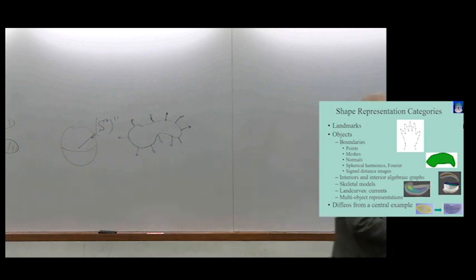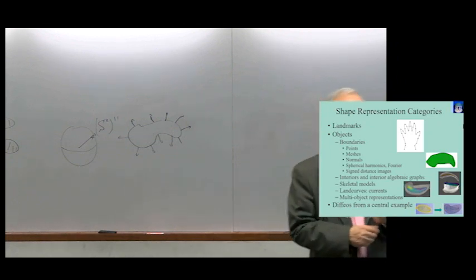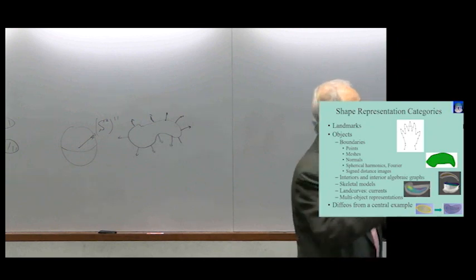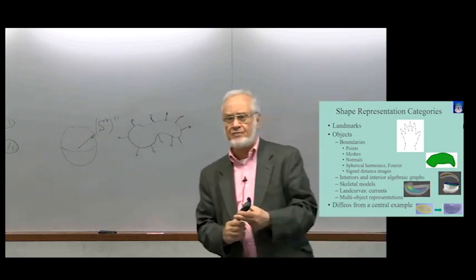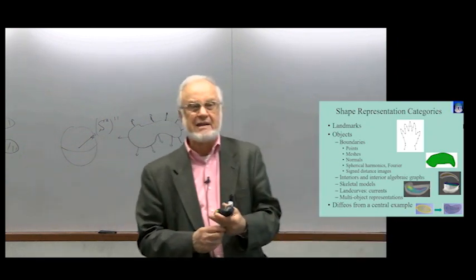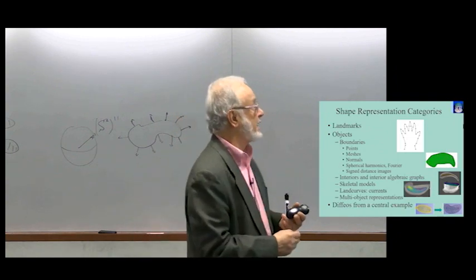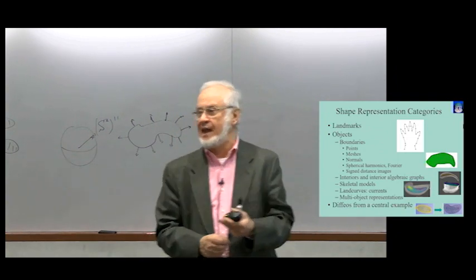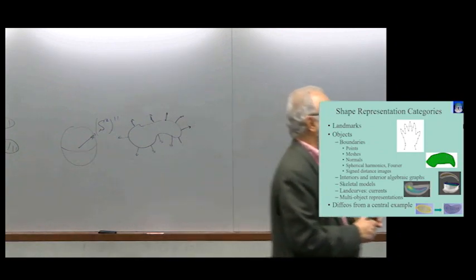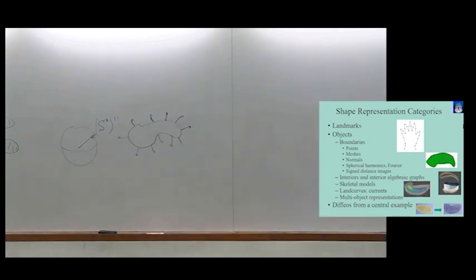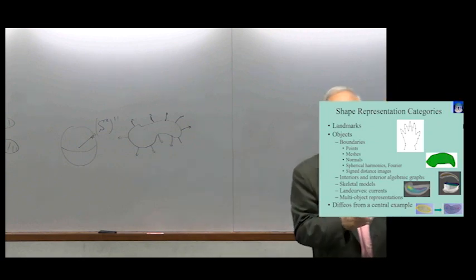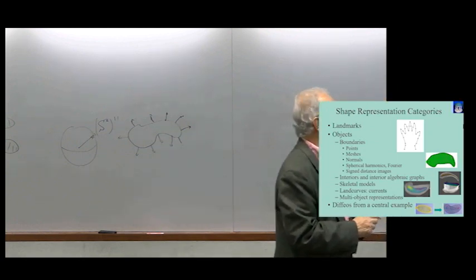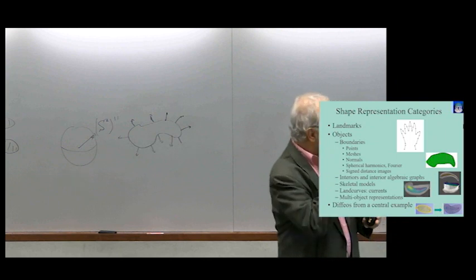In any case, these categories that we're going to be talking about for shape representation are listed here. On the one hand, we have collections of recognizable points that are called landmarks. You see on the hand that's shown there, marked points at the fingertips and at the crotch points of the fingers and other recognizable points.